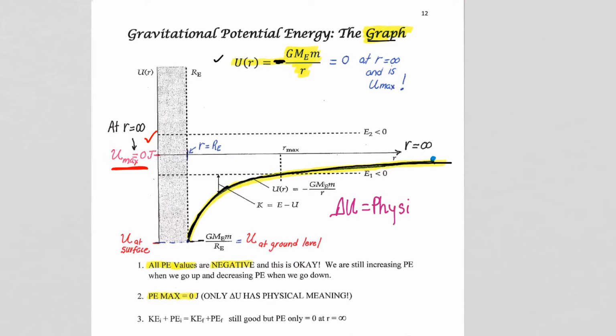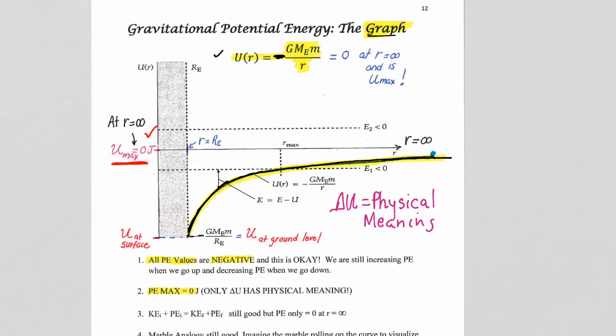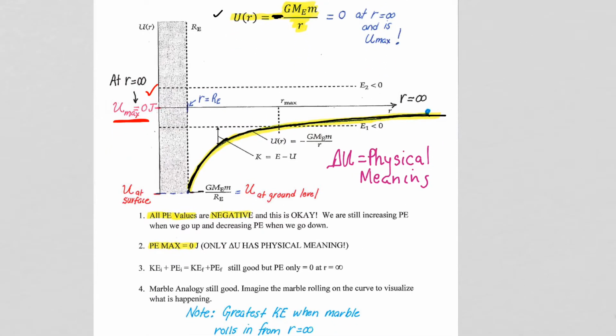Without a delta U, we can't make any calculation or any understanding of what is going on in a problem. So the fact that they're all negative is fine, and as it says here, we are still increasing potential energy when we go up and decreasing potential energy when we go down. We do have to be careful because numerically we'll calculate a bigger number when we go down, right?